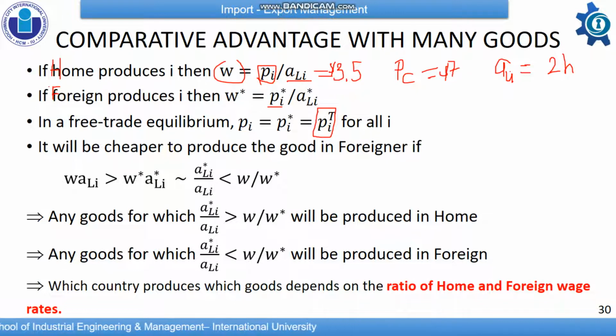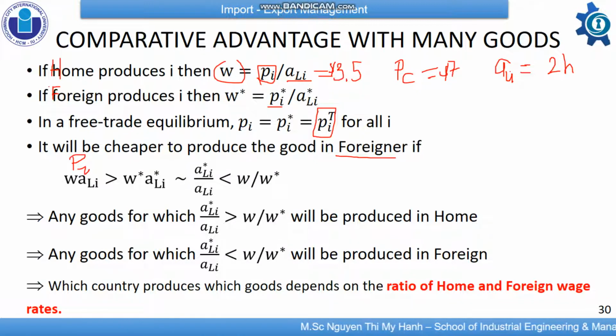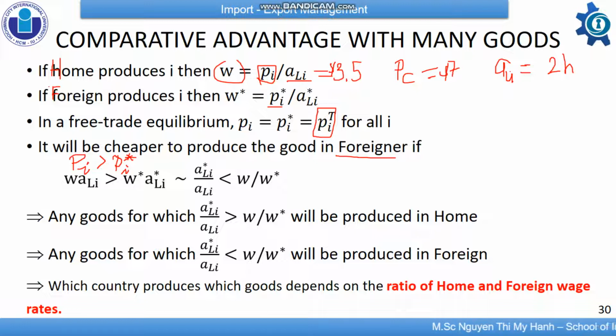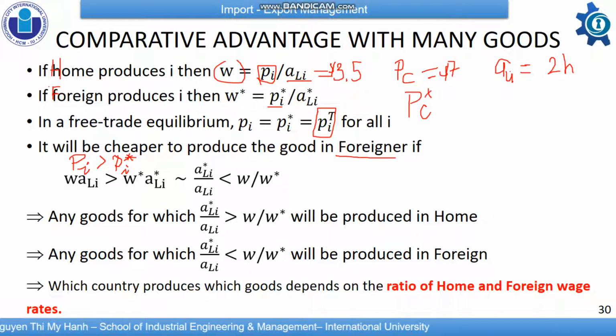So it will be cheaper to produce the good in the foreign country if the price of product i in the home country is higher than the price of product i in the foreign country. For example, in this case, the price of cheese is 7, and in the foreign country the price is, let's say, $5.